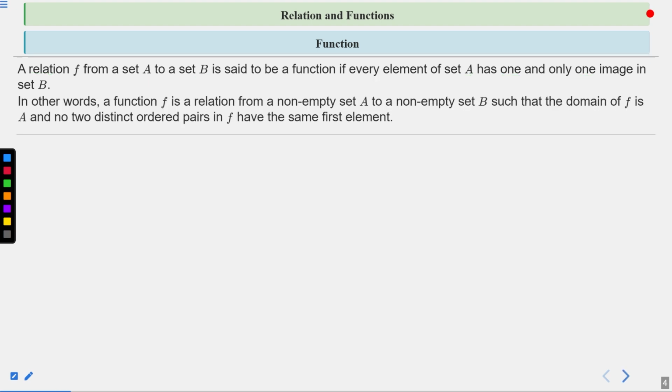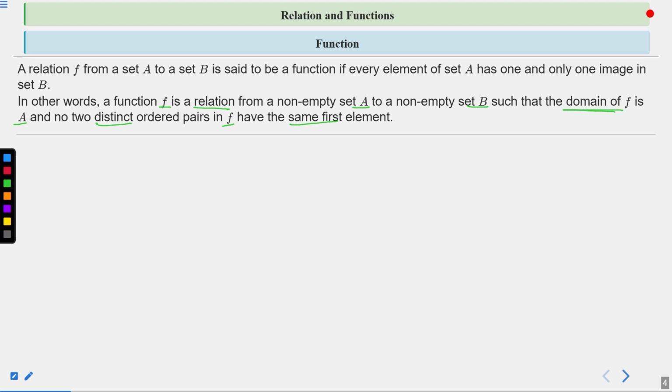In other words, f is a relation from a non-empty set A to a non-empty set B such that the domain of the relation f is A and no two distinct ordered pairs in f have the same first element. In terms of ordered pairs, a relation is just a collection of ordered pairs following a certain condition.